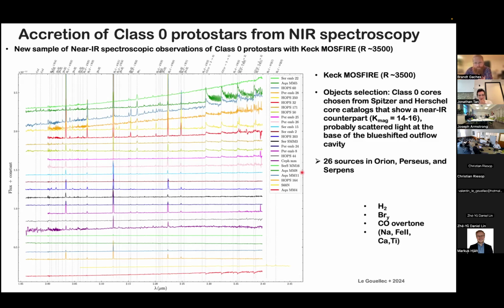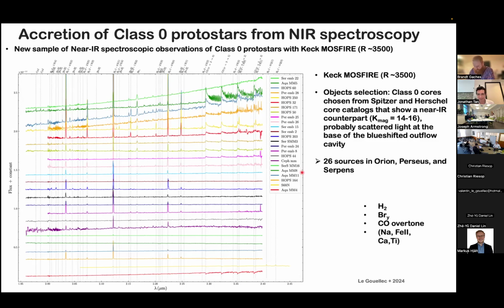We are willing to model this prototypical inner disk of class 0 sources that are bright in CO to see whether we can probe the density structure and the morphology of the inner disk, whether the accretion happens via the midplane or via the upper layer with direct infall streams from the envelope. This is all the things we're going to constrain.